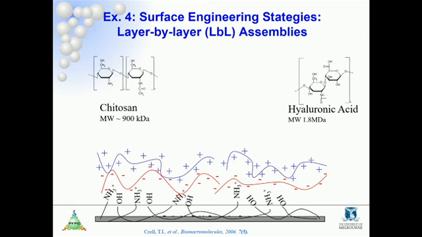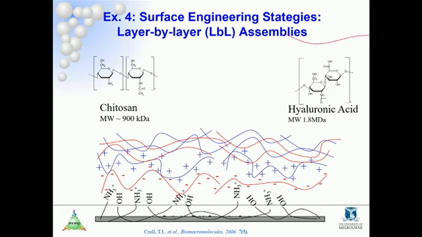So after that, we put on a layer of polycationic material, and we chose chitosan. This is not a polymer that comes from the human body, but it can be broken down in the human body. So positively charged molecules, and we can build this up layer by layer. And if we do a number of layers, we can really effectively cover that polymer surface.